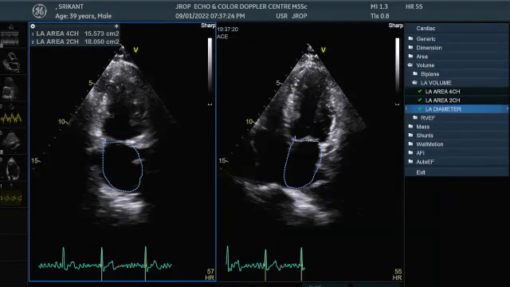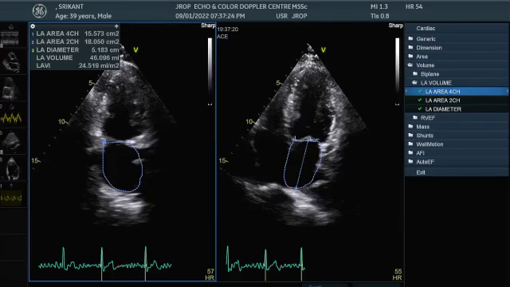Then take the shorter of these two lengths. The machine will give you the volume automatically. This formula has to be fed into it: 0.85 into area 1 into area 2 divided by the shorter of these two lengths. So we have fed this formula into our machines. Yes, sir. Thank you, sir.